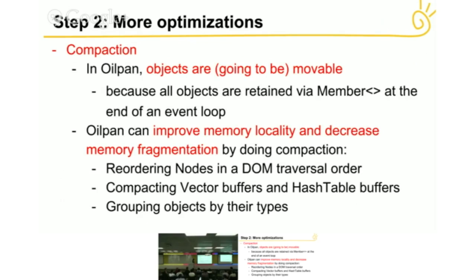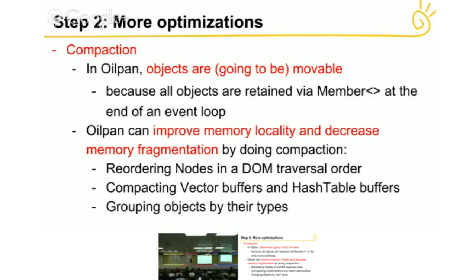Another optimization idea is compaction. In Oilpan, objects are going to be movable, because all objects are retained by Members at the end of an event loop, so we can move objects around and just fix up the pointer values. By doing compaction, Oilpan can improve memory locality and decrease memory fragmentation for long-running applications.